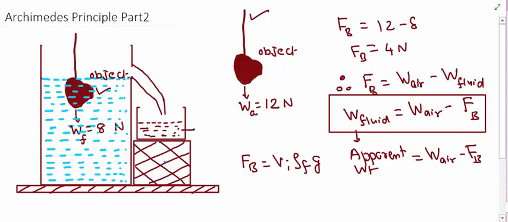So the weight of this particular water will be equal to upthrust, that is 4 Newton in this case. So weight of this liquid is upthrust, weight in water is apparent weight, and then we have weight in air. This is how the apparent weight is connected with the weight of the object in air and upthrust.